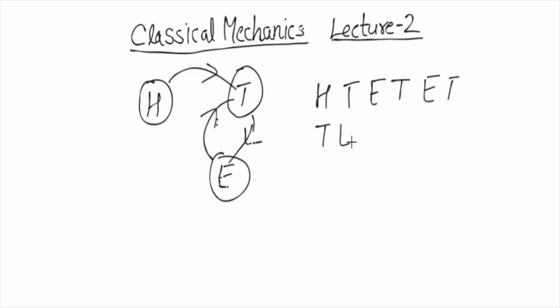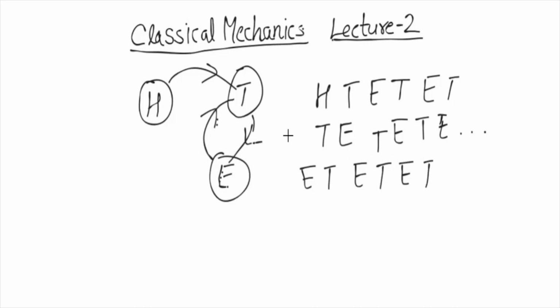It will be tails to edges, then tails, then edges, then tails. Or if you start with edges, then it will go to tails, edges, tails, edges, tails. So here you can see that there is no heads. Why? Because we start with tails and it goes to edges and then it goes to tails. And if you start with edges, it will go to tails and then it will go to edges.